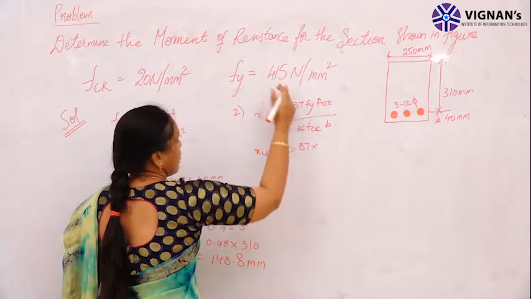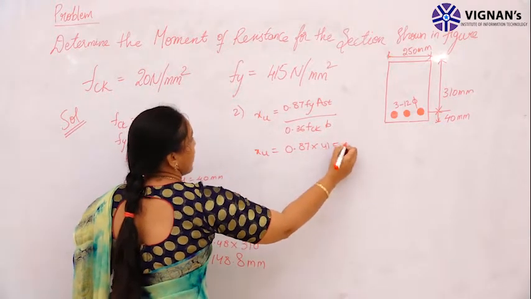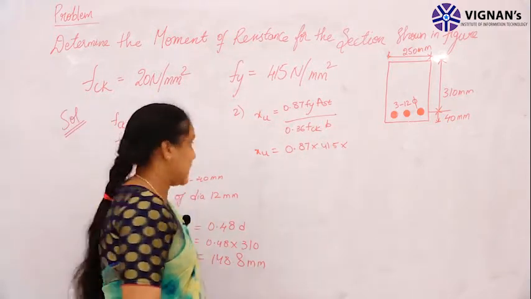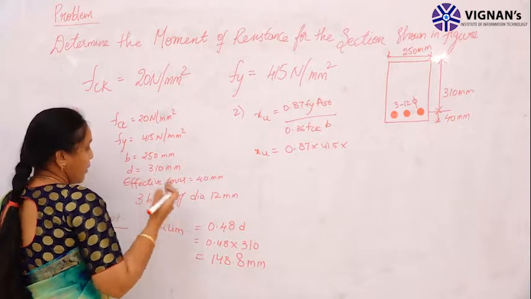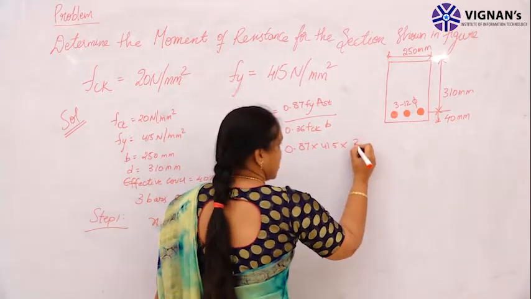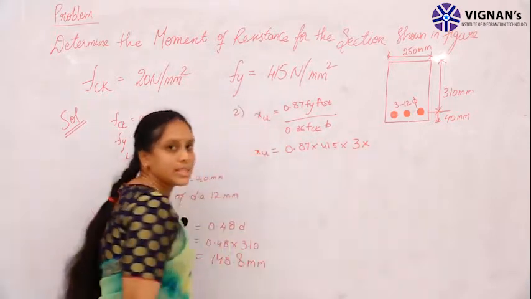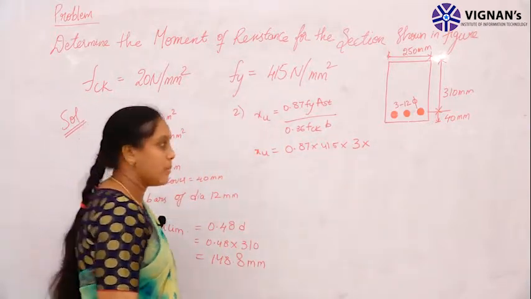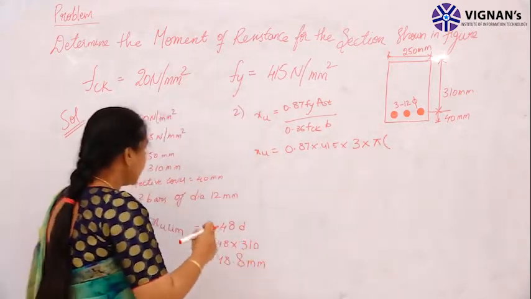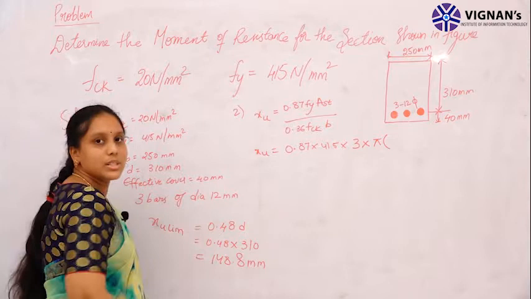0.87 into fy, you know the value of fy, it is 415, into Ast. Ast is nothing but the area of the steel. So how many bars are provided here? 3 bars are available. 3 into, what is the area? Area is pi d square by 4. d here is nothing but the diameter of the bar. So what is the diameter of the bar?